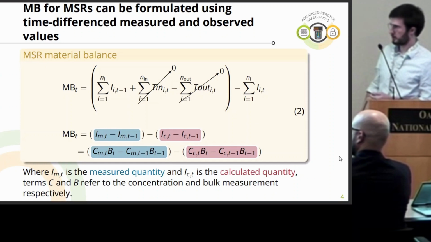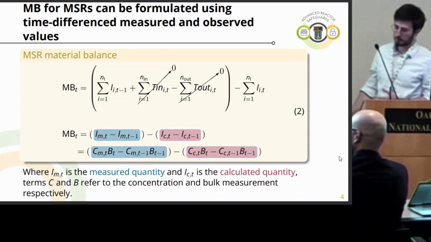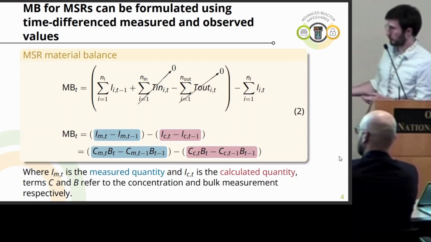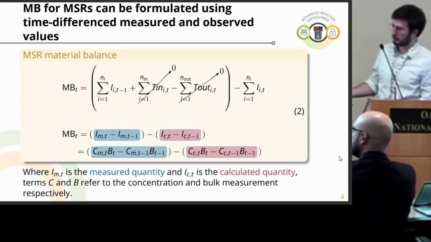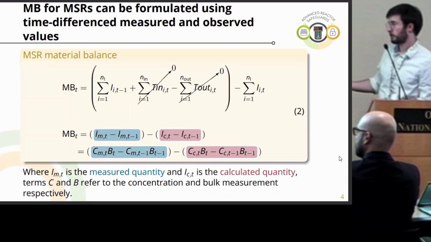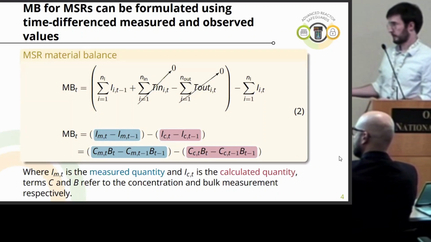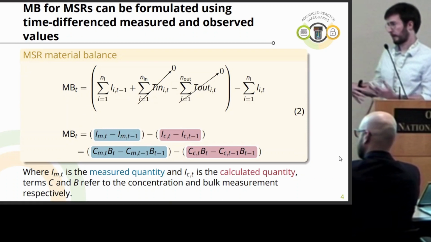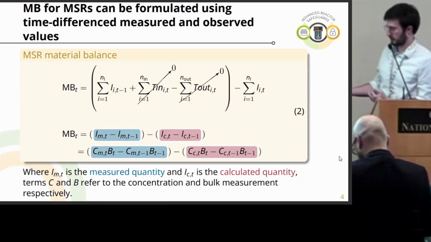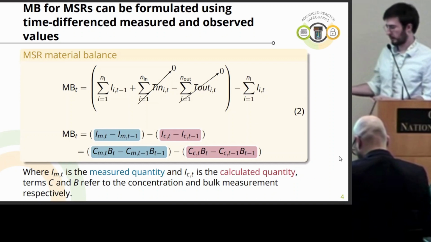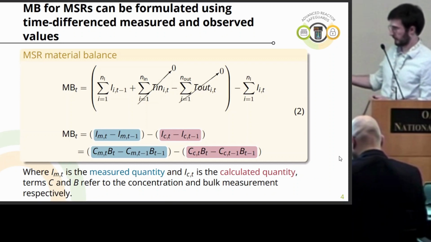For MSRs, we do something a little bit different. Although you can think about feeds and removals as input and output flows, we're not really going to do that, because one key factor for MSRs is we have to account for changes in our relative fissile content and ascribe it to expected or not expected changes, right?